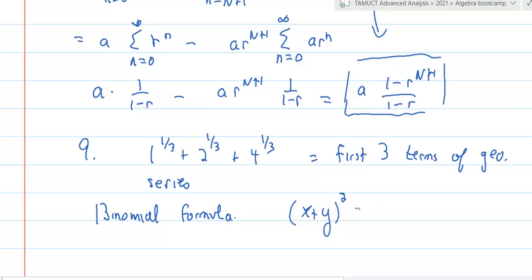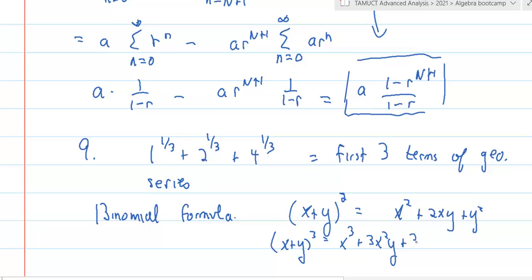You know that x plus y squared is equal to x squared plus 2xy plus y squared. Turns out that x plus y cubed is equal to x cubed plus 3x squared y plus 3xy squared plus y cubed.